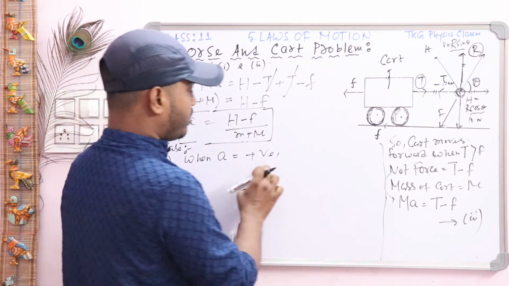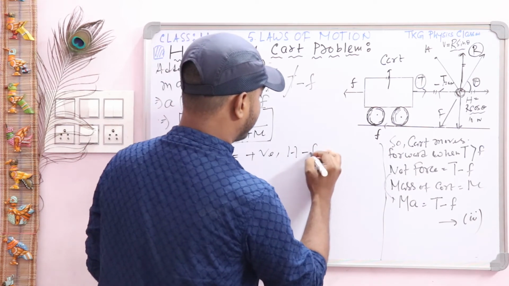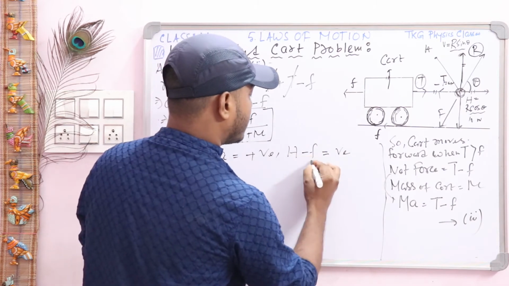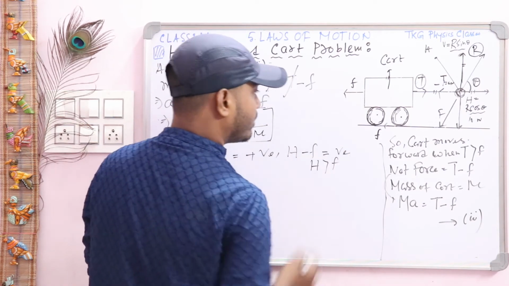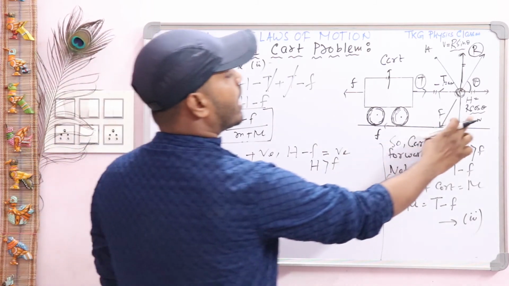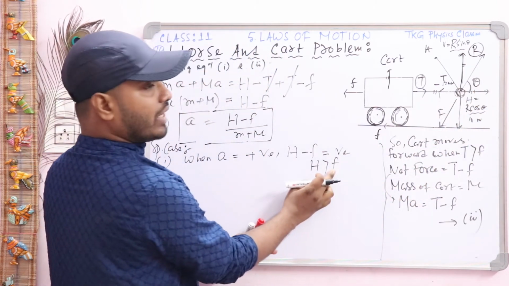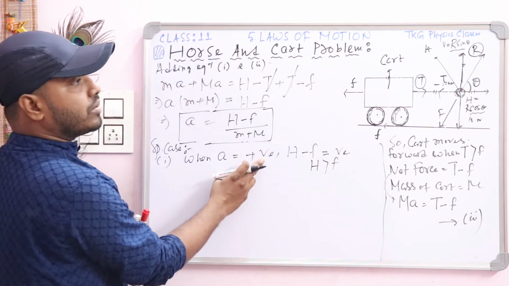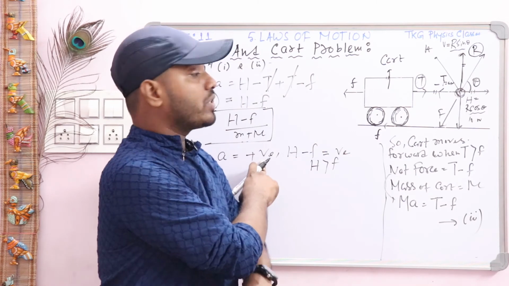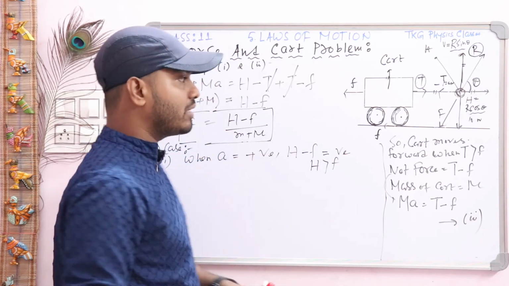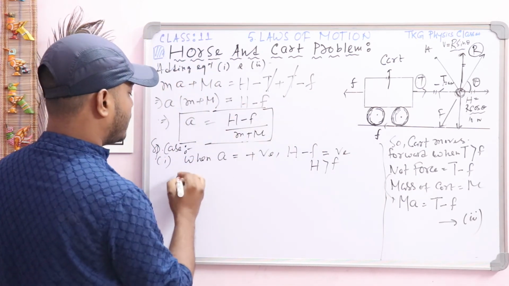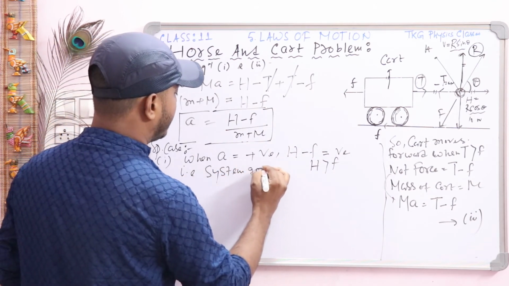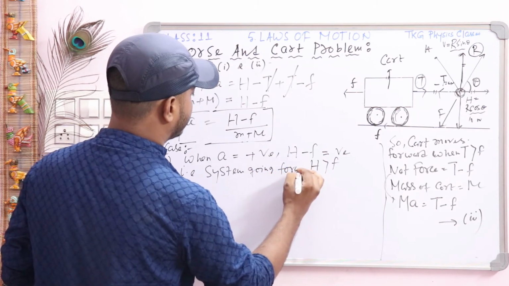That means H greater than F. When H, that is R cos theta, will be more than the frictional force, in that condition we can write the acceleration is positive. And you know what is the meaning of this positive acceleration? This means the system is going forward direction.